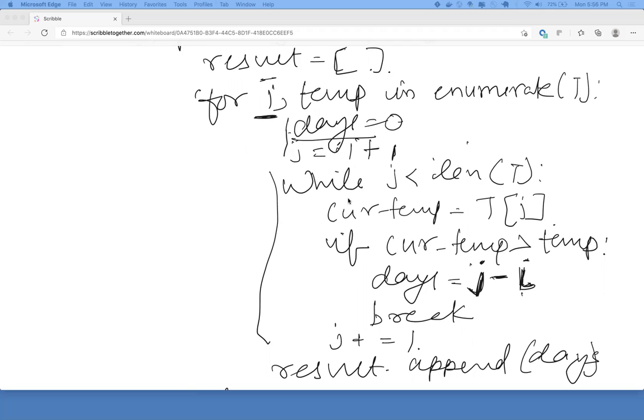So result of i equal to j minus i. Oh, okay. So basically 76 will be 0, 73 will be 0 because they reach the end of the array. Yes. Same, right?